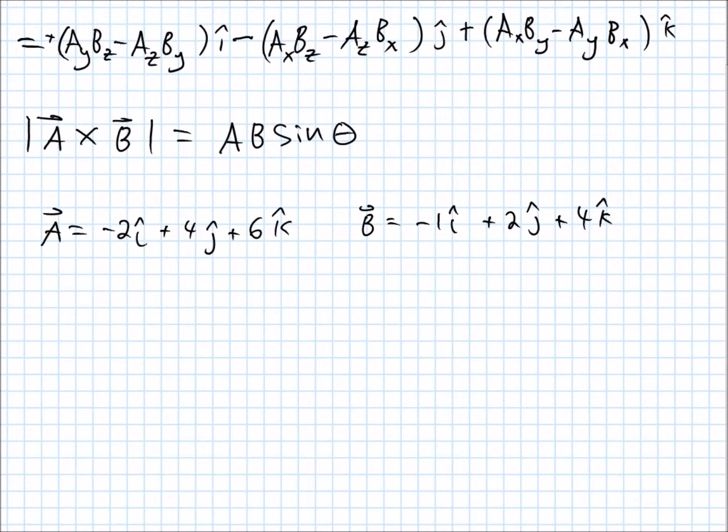So two vectors I made up. And it could ask you to find, well, this one's weird, it could ask you to find the component of A that's perpendicular to B. Okay, so let's look at it.